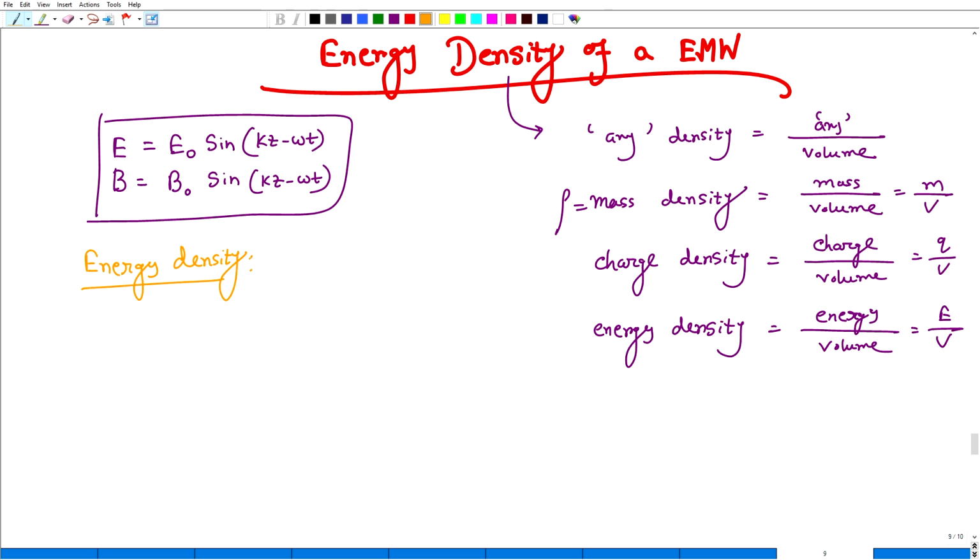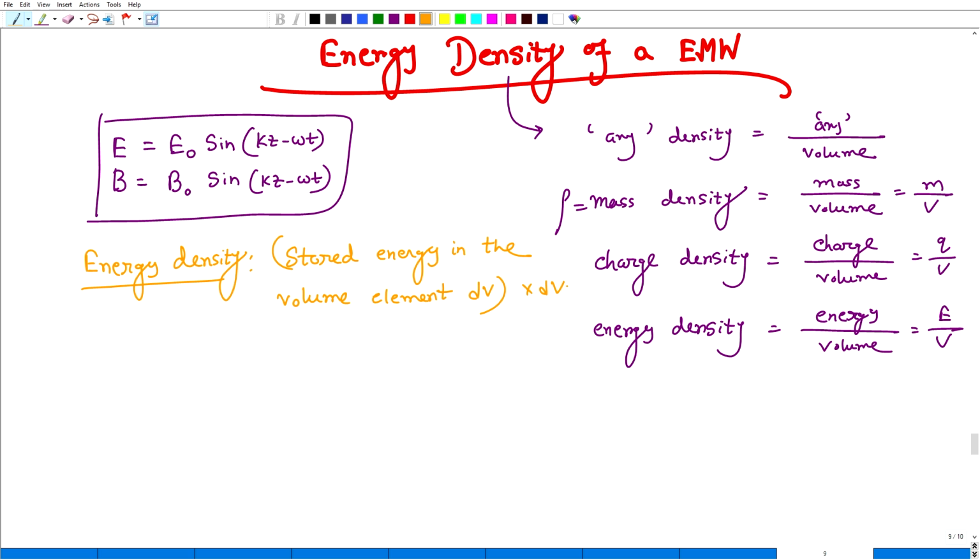So, we can define our energy density like this: stored energy in the volume element dV into dV. So, this is the stored energy, this is not the energy density.